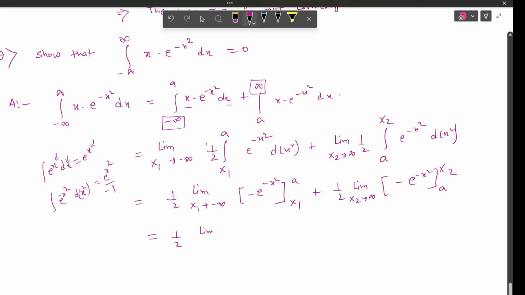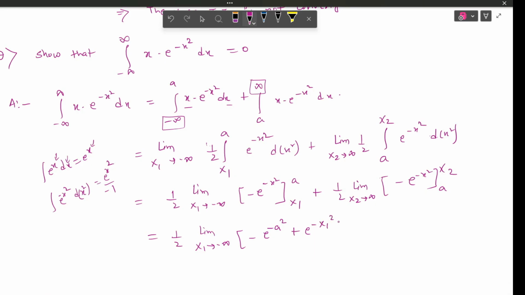Put the limits here, x1 to minus infinity: minus e to the power minus a square plus e to the power minus x1 square, plus this would be half of the limit x2 tends to infinity minus e to the power x2 square plus minus minus plus e to the power minus a square.